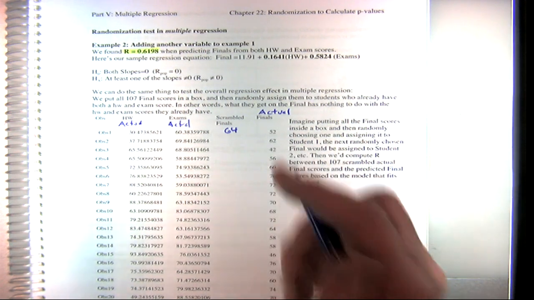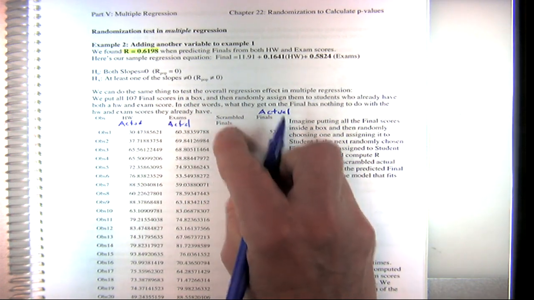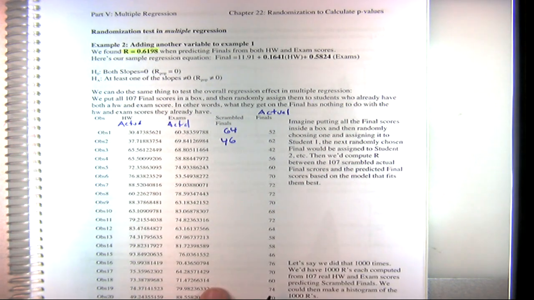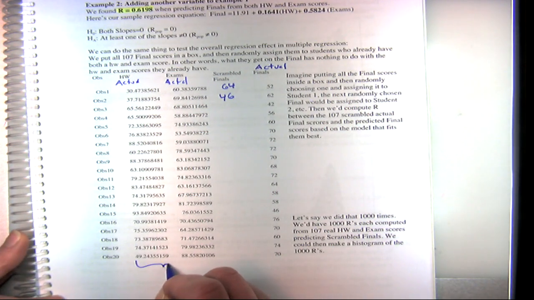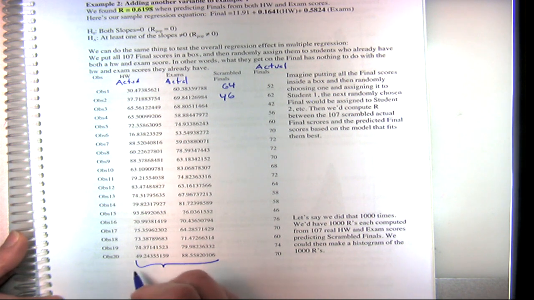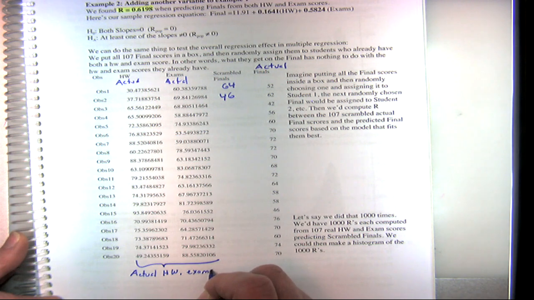And we do it again. Let's say that was 46, etc. All the way through, and we get this whole scrambled set of finals here. So now these right here are the actual homework and exams for each of the students.